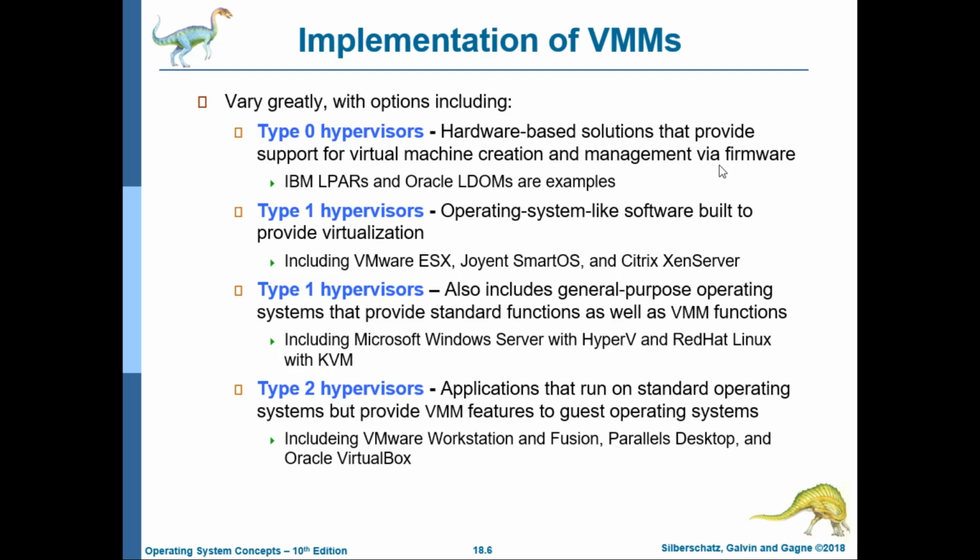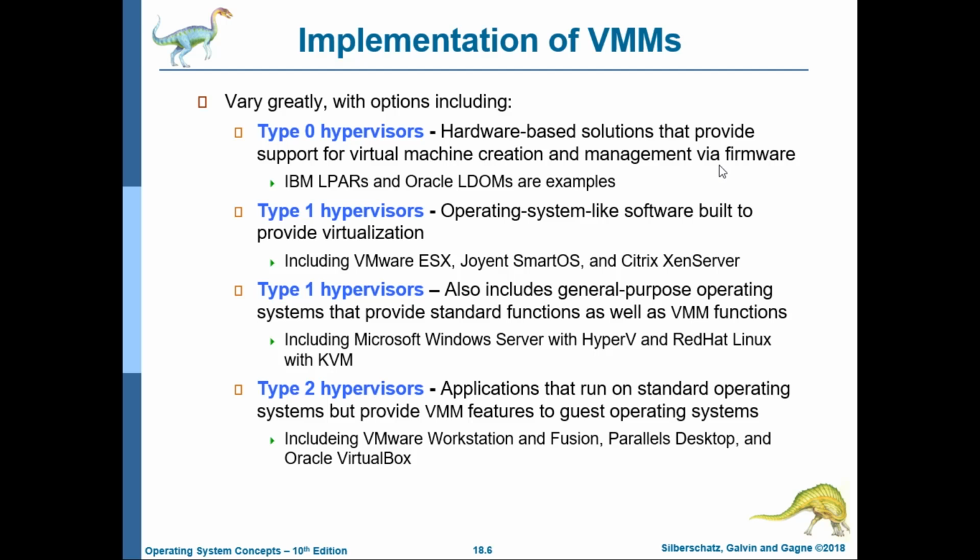LPAR means logical partition, while LDOM is logical domain. In other words, these Type 0 hypervisors are inside the hardware. You're not going to install them; they are already set up in your computer system, to be exact.